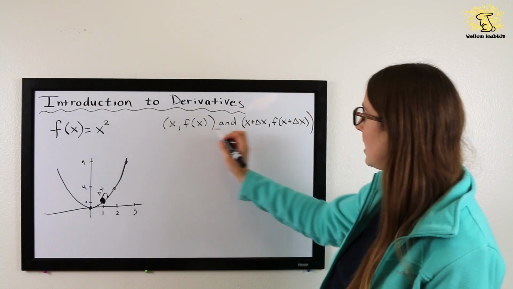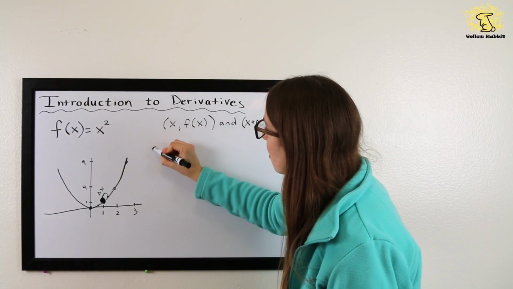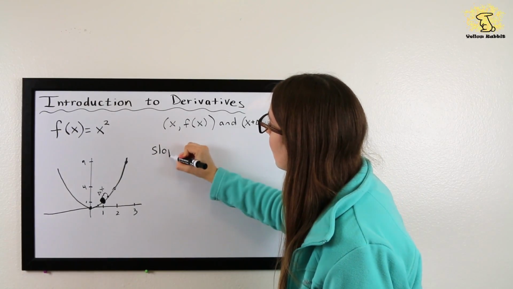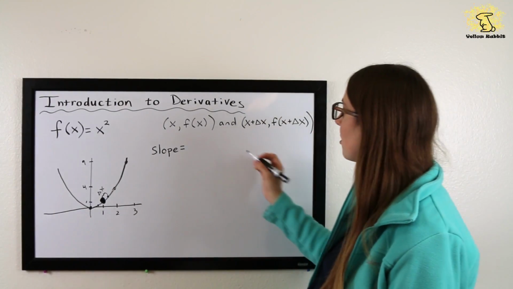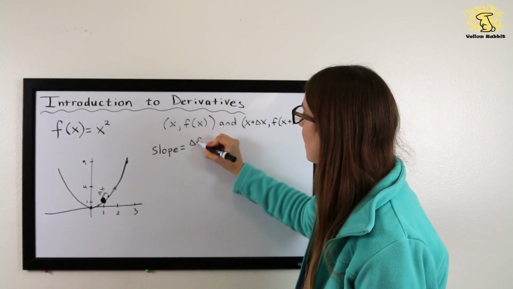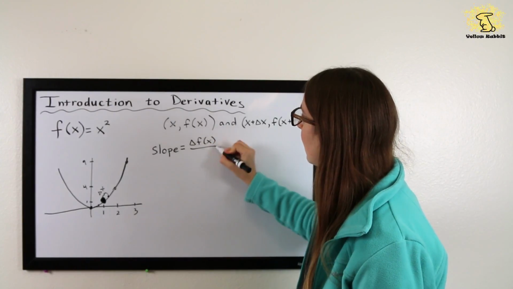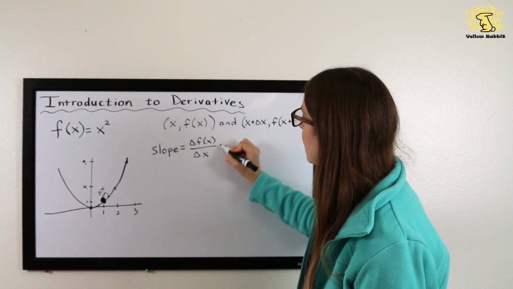If I plug these points into my slope equation, I'll get the following result. Slope equals change in f of x again over change in x.